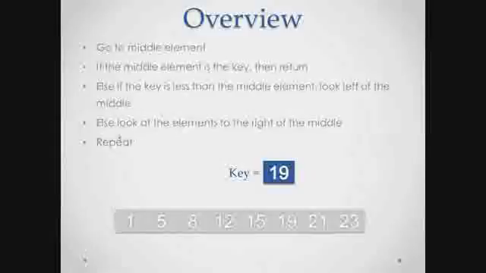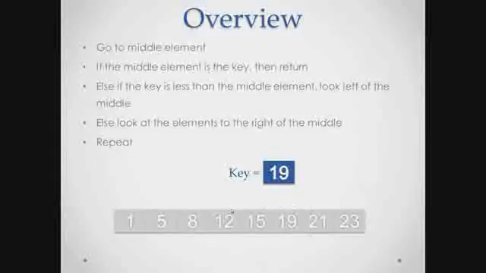So now we go to the middle element again, but instead of going to the middle element inside of the entire array, we just go to the middle element inside of these numbers right here. Since we know that our elements are already in sorted order, and we know that 19 is greater than the middle element, that means that 19, our key, if it's in the array, has to be on the right side of the middle element, so we don't even have to worry about these elements over here.